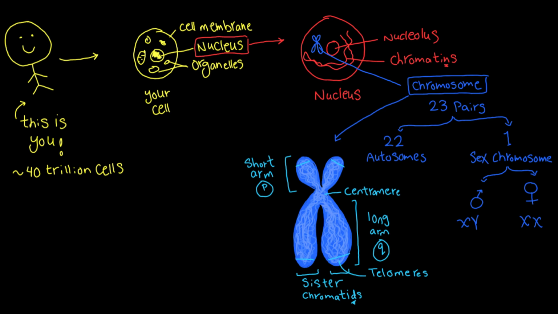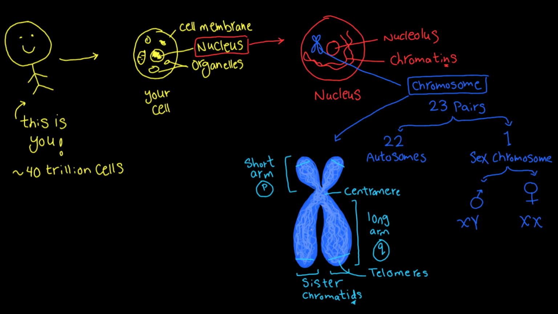So chromatins are the uncondensed form of chromosomes, and the DNA that makes up chromosomes becomes more tightly packed during cell division, which makes chromosomes visible under the microscope. But that's only during cell division. But how exactly does it become packed? That will be explained in a different video. So now you know the difference between chromatids, chromatins, and chromosomes.